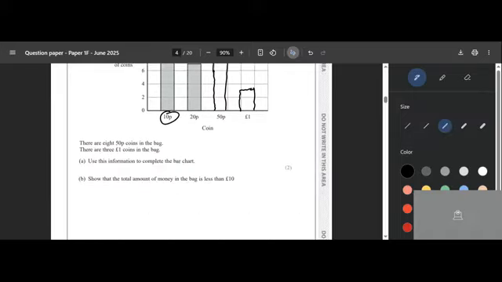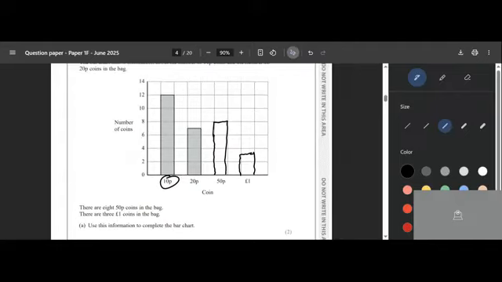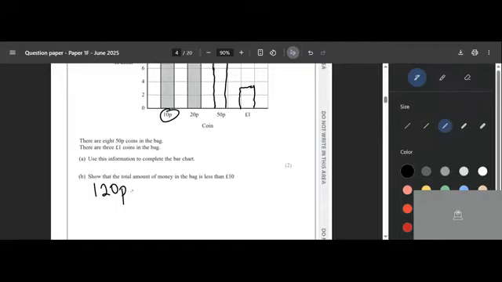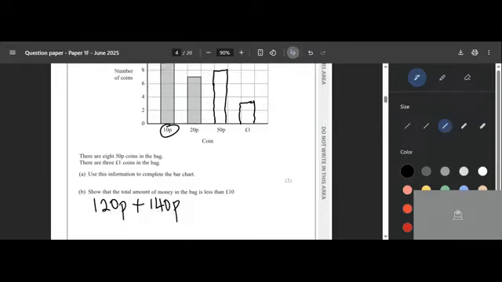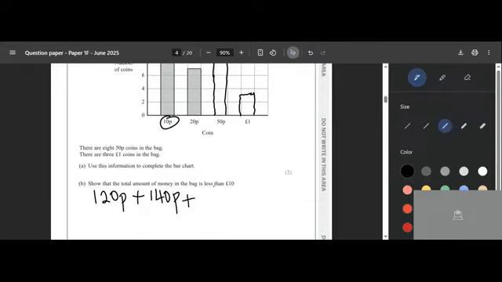It means this is 120. You multiply. Then the 20p are 7. So 20 times 7, that's 140. Then the 50p are 8. That gives us 8 times 50, which is 400. And the £1 coins are 3, so just 3 pounds.